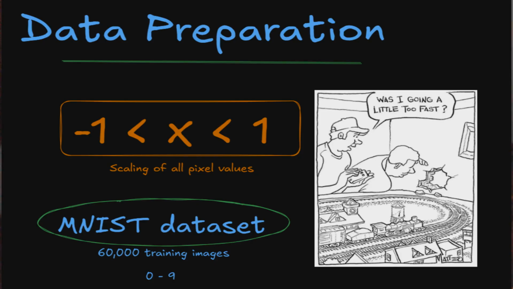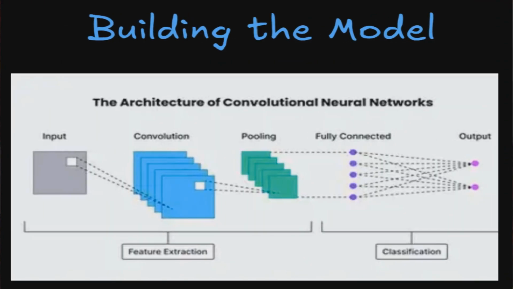We then create PyTorch data loaders for labeled and unlabeled and test data, and here data loaders allow us to load data in batches, which is very efficient during training.